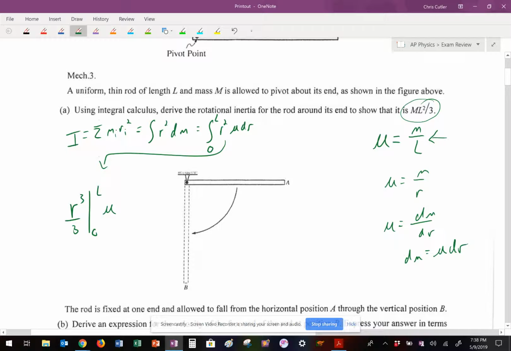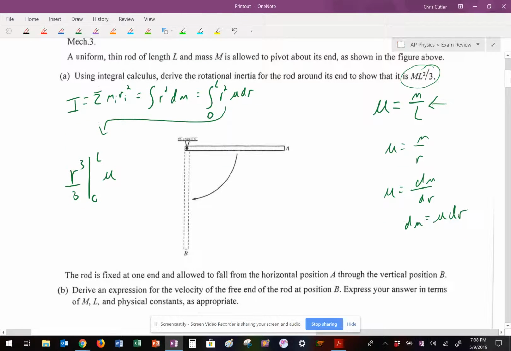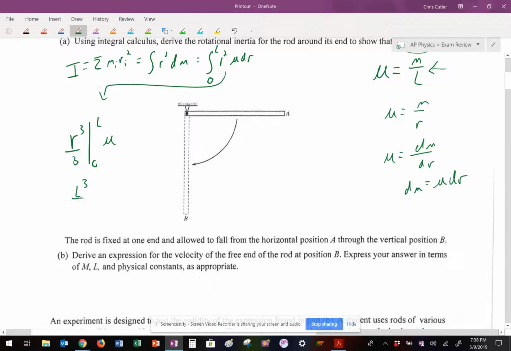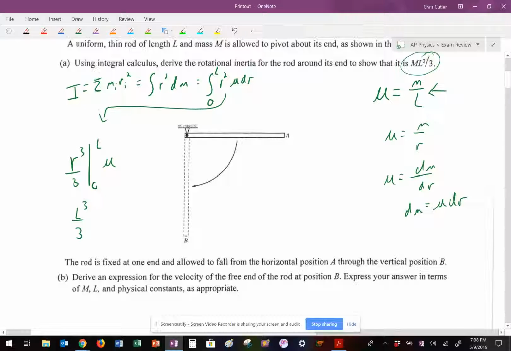Mu is just a constant, so it doesn't get integrated at all. And if we do r cubed over 3 from 0 to L, we should get L cubed over 3 times mu. And remember, mu was M over L. The L's cancel. You end up with it equaling ML squared over 3. Now, once again, if you have no idea what I did, if you do not remember that equation, you can just write I equals ML squared over 3.